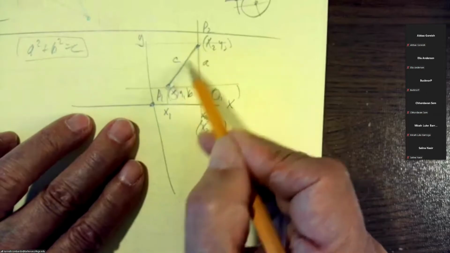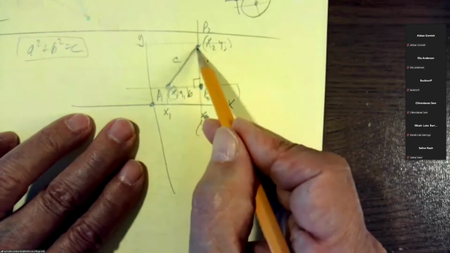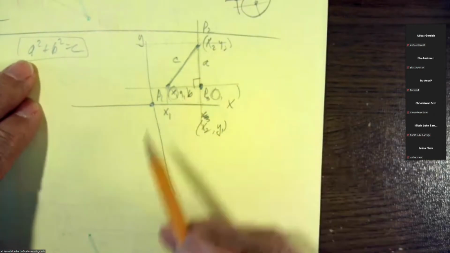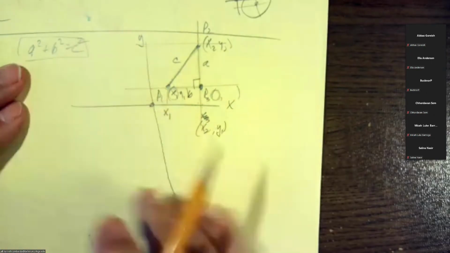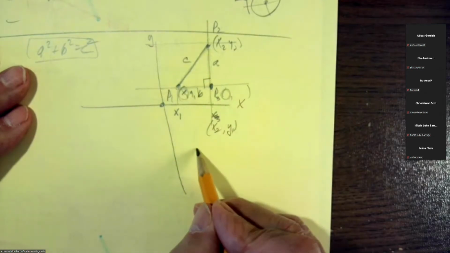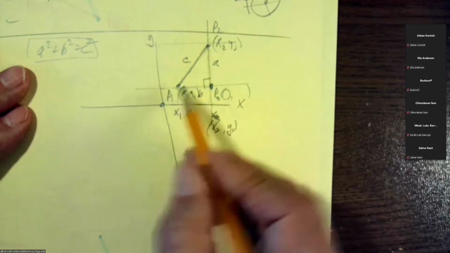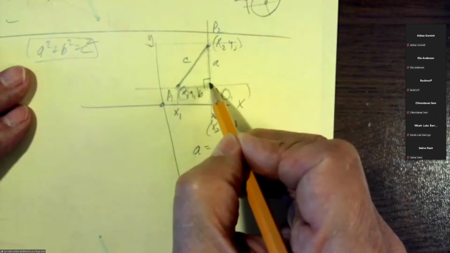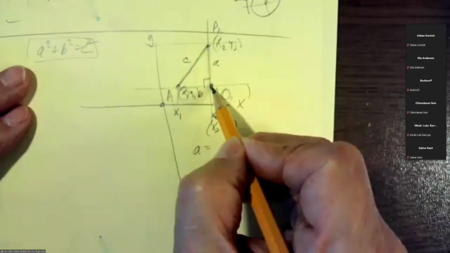So now if I want to derive the distance, I could use a squared plus b squared equals c squared. And then I have to come up with what a is. A equals, well, if I let a be this value here, that's the vertical distance.